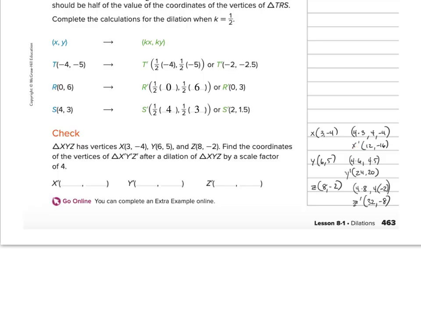So 3 times 4, negative 4 times 4, 5 times 4, 6 times 4, negative 2 times 4, 8 times 4, and I came up with my new image vertices, and that's how I'm able to come up with that information. So just knowing that everything changes by that scale factor, we would multiply everything by that same scale factor.